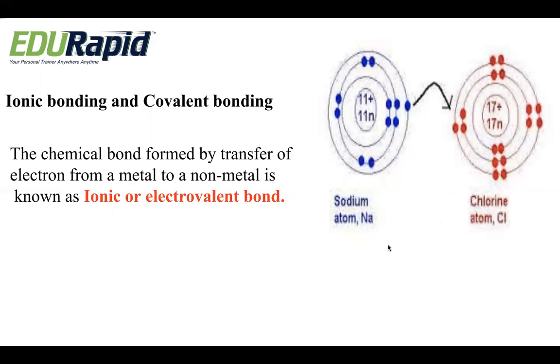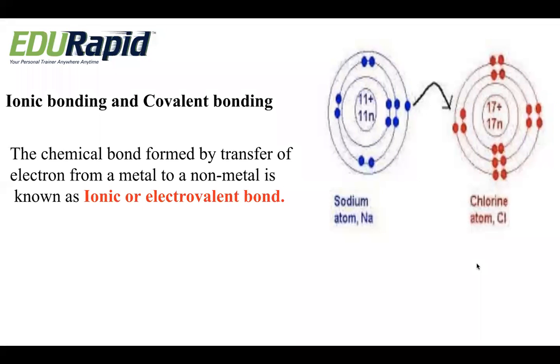The chemical bond formed by the transfer of electrons from a metal to a non-metal is known as an ionic or electrovalent bond. It means that whenever an atom combines with another atom by the complete transfer of its outermost electron, such a bond is called an ionic bond.